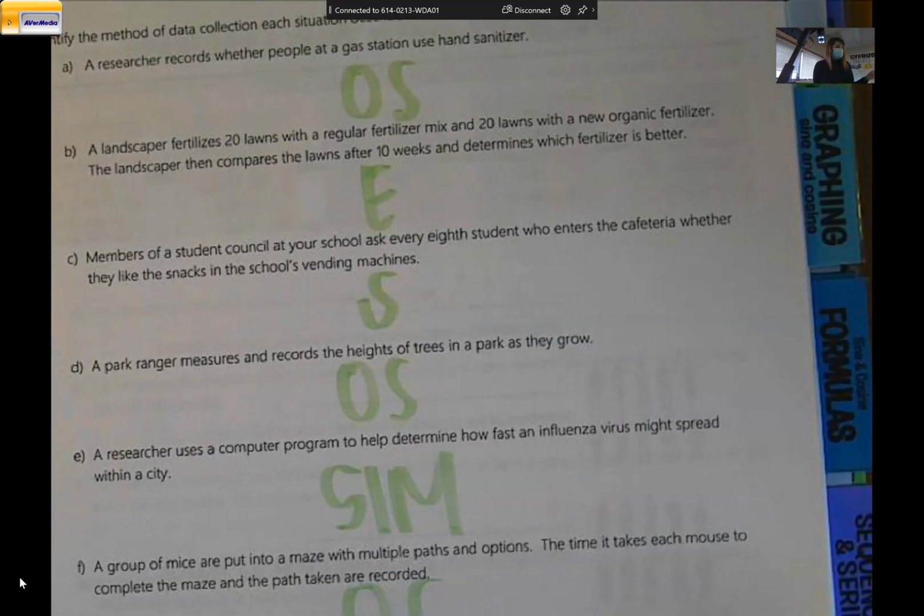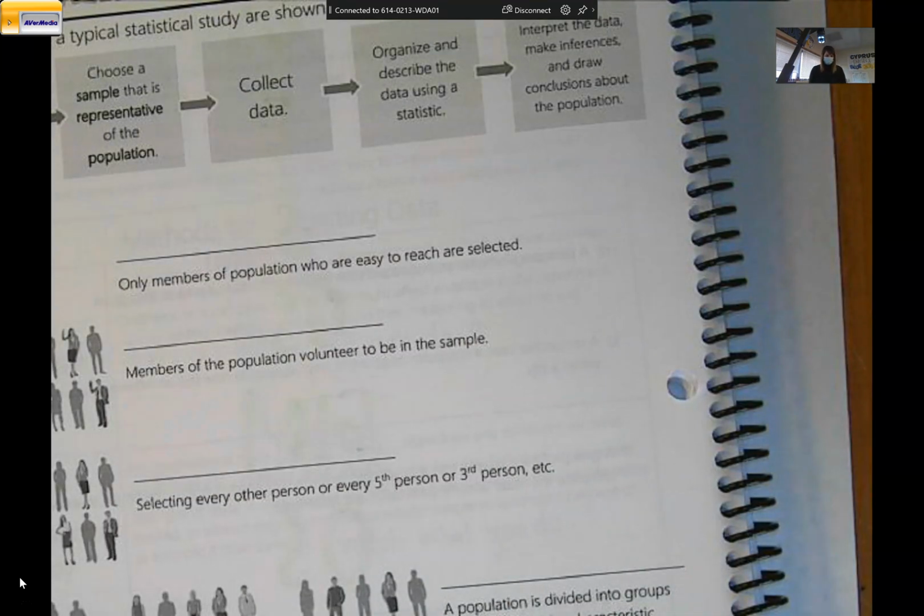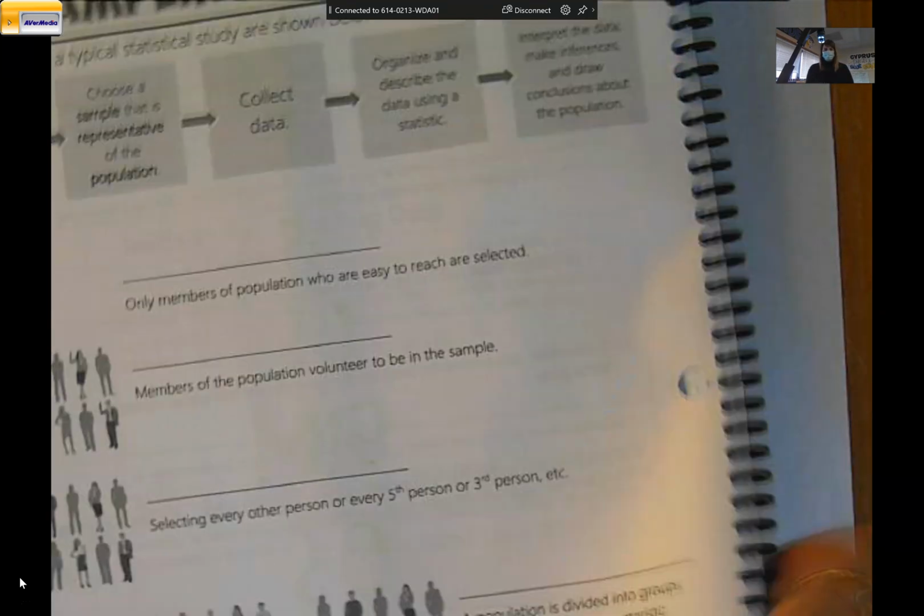So we are going to page 98. And most of this we've already done. So don't worry if you're looking at all these thinking, I ain't got time for that.